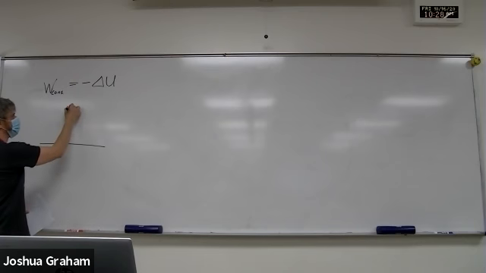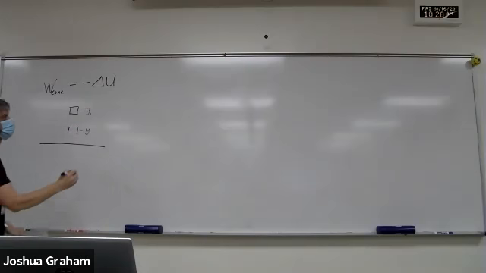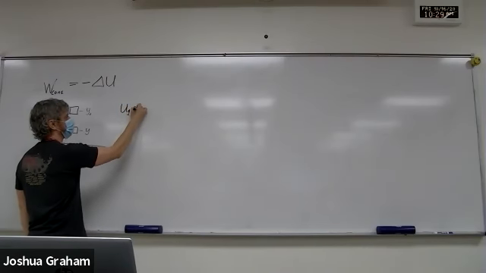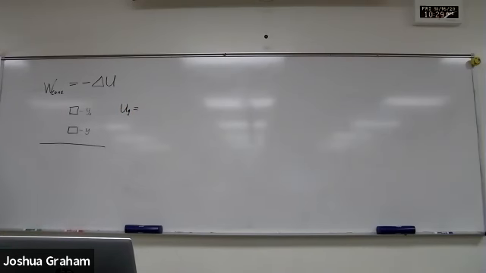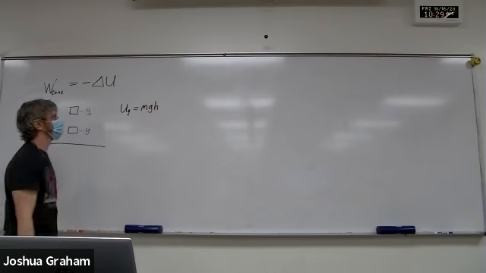Let's say an object falls from here to here. Say this is the initial position, this is the final position. You saw when you watched the videos last night that the gravitational potential energy for an object, say above ground level, is mg times the height above the ground level.